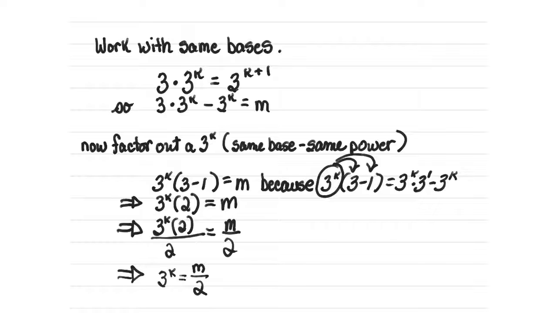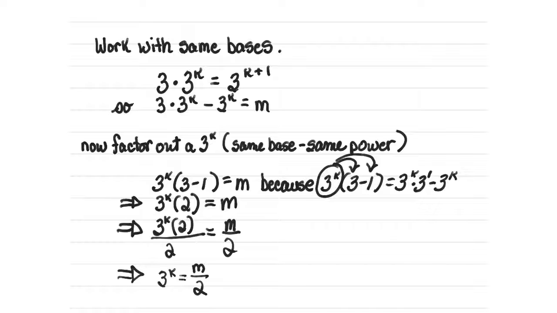And that still equals m. All these are equivalent, they're just deconstructed. Okay, so 3 to the k times 3 minus 1 gives us basically 3 minus 1 is 2. That's where the 2 comes from. So we have 3 to the k on the outside times 2 equals the m.